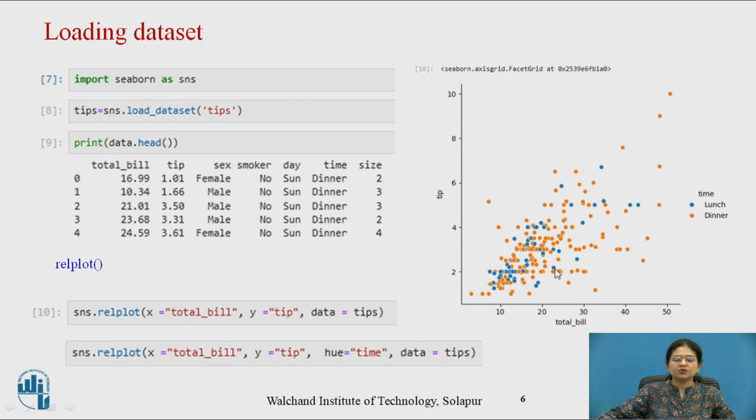Look here, the blue dots show the lunch time and the orange dots show the dinner time. So it shows the relationship between the total bill and tip. Total bill is on the x-axis and the tip is on the y-axis, whereas the bill is obtained from the total bill for the lunch time or the dinner time.